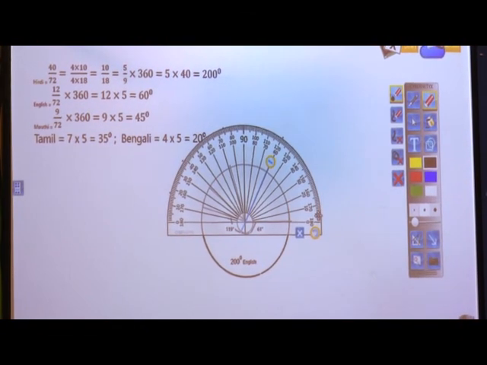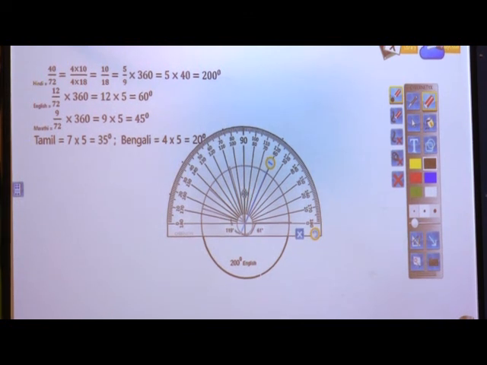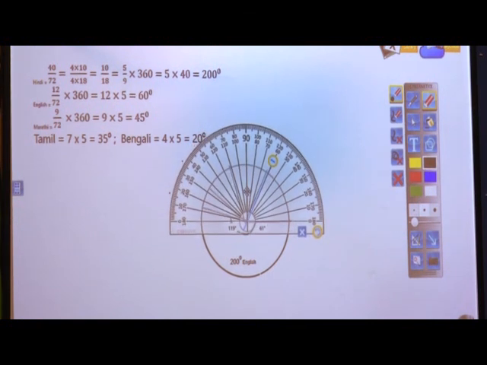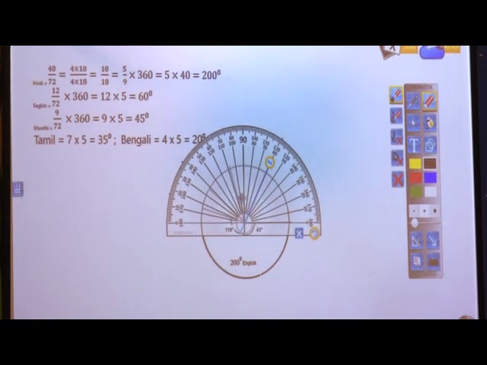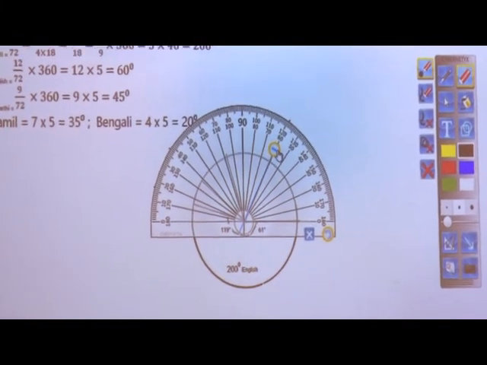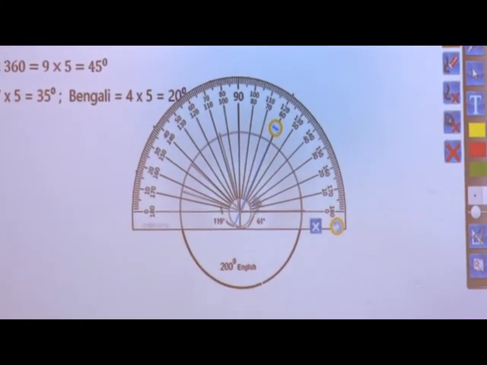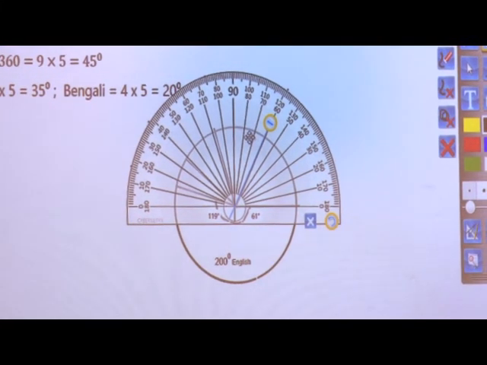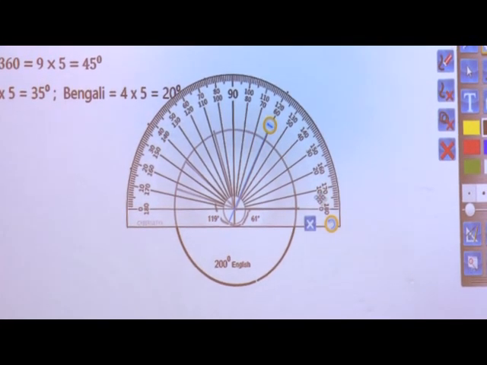So, what should be done? Very simple thing, go for English, which is 60 degrees. Now, here you can see that I am keeping the protractor center coinciding with the circle center, and you can see here it is 60 degrees that is matching. Already I have drawn the pie diagram in order so that the time should not get wasted.